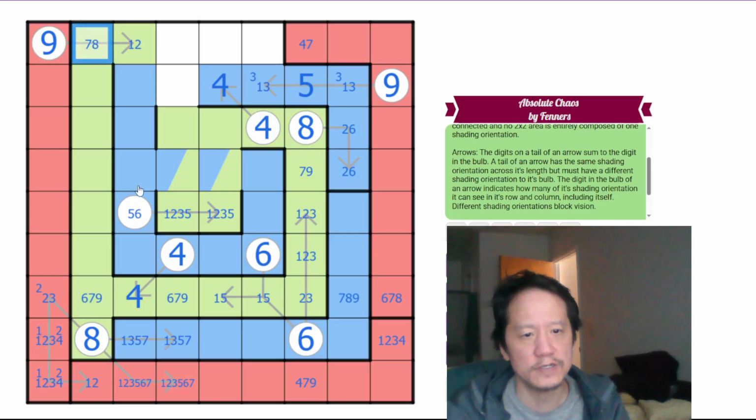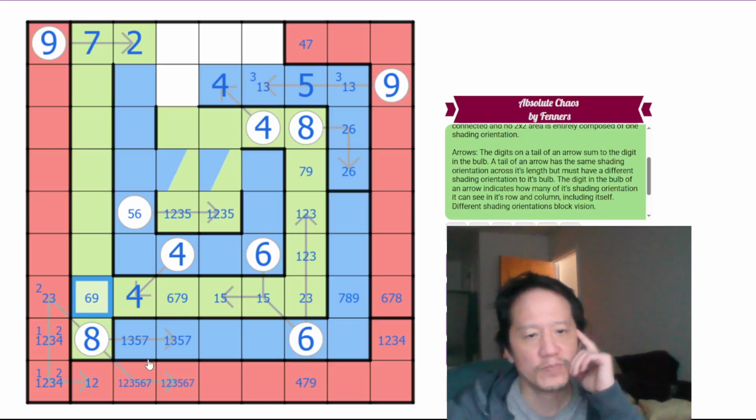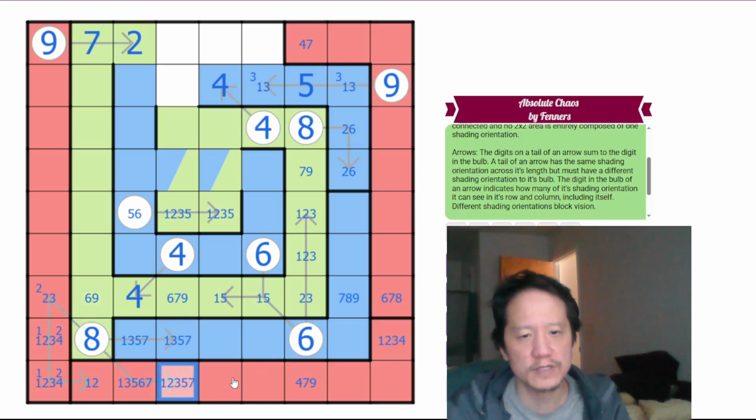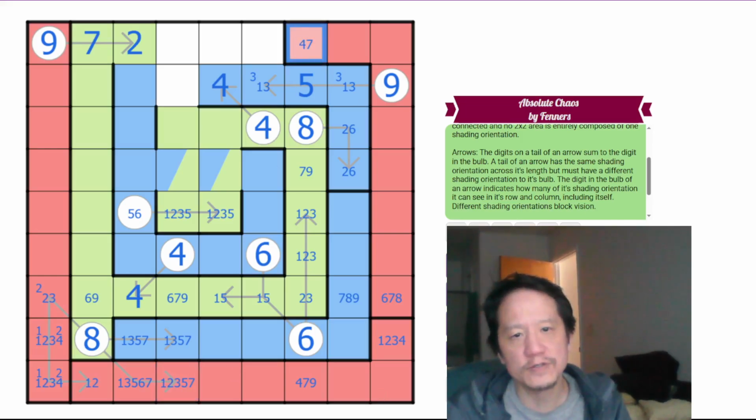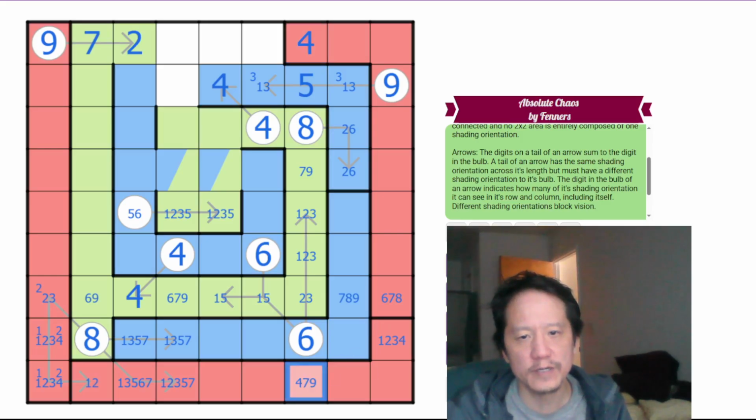Therefore, this is 7, which makes this 7 and 2. This digit that's not in this column is a 2. Actually, that's not true. We don't know. This can't be 7 here. This just can't be 2, which means this can't be 6. This can't be 7, so this is 4, which means this can't be 4.